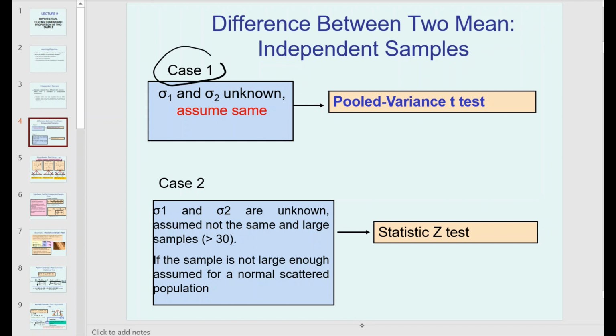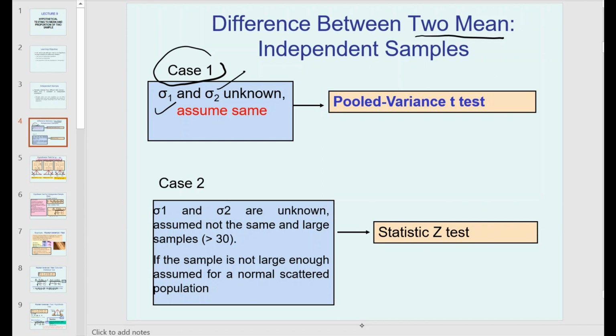For case 1, the sigma 1 and sigma 2. Of course, we have two sigmas here, class, because we are talking about two means and two populations, right? So we will have sigma 1 for population 1, sigma 2 for population 2.